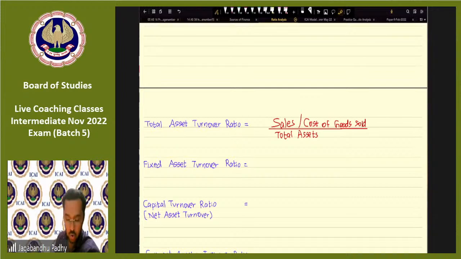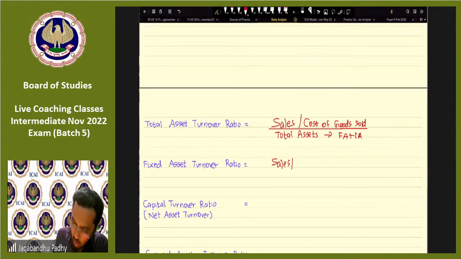Same way, if I want to know how efficiently I'm utilizing the fixed assets. Now remember, total assets will be fixed assets plus current assets. Fixed asset turnover will be sales or COGS upon the fixed assets.